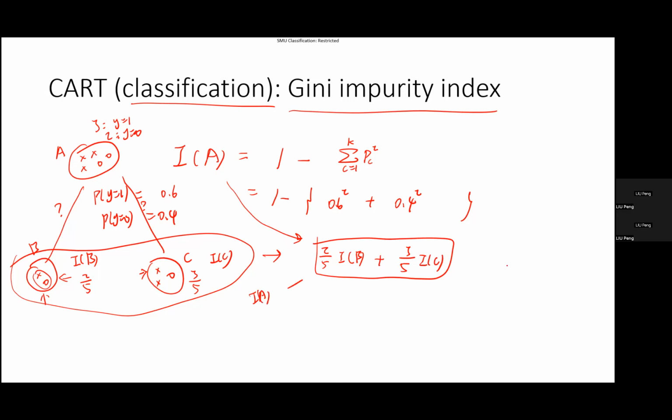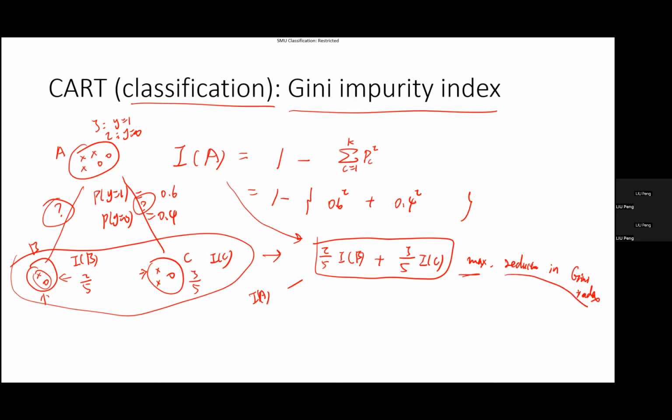This represents our reduction in the impurity, in this case the reduction in the Gini index, and we want to maximize it. So when you look at the decision here, in terms of which variable we use and which specific splitting decision we use, we want to maximize the reduction in the Gini index.